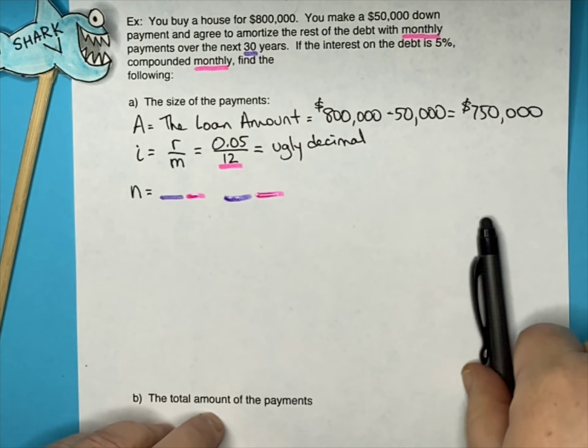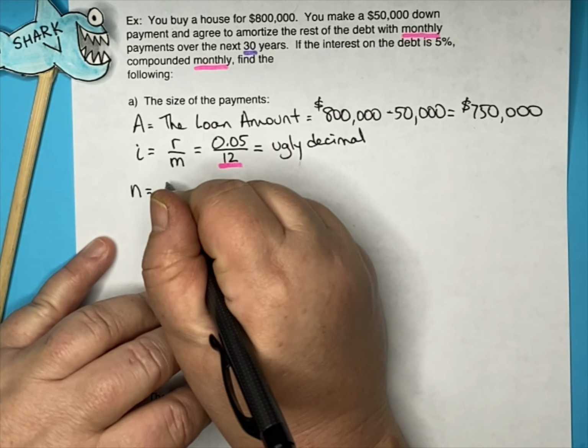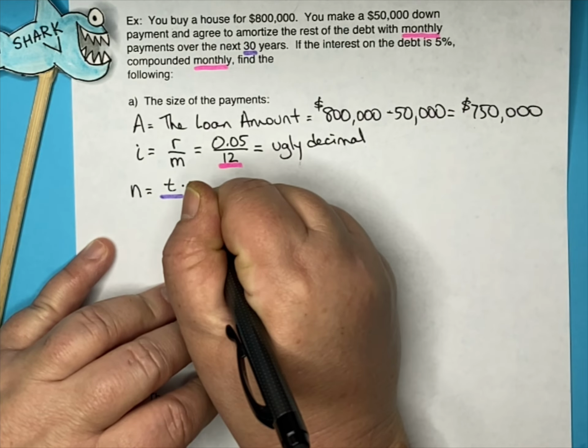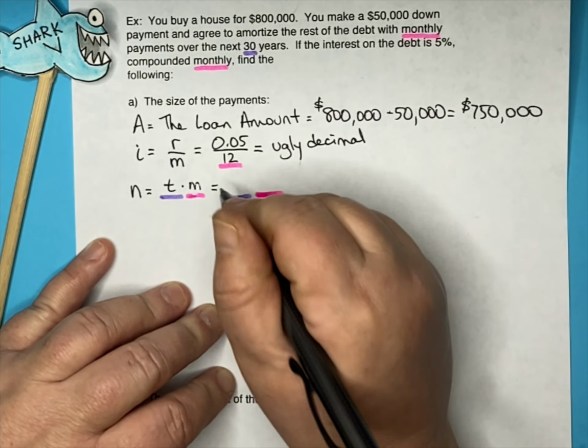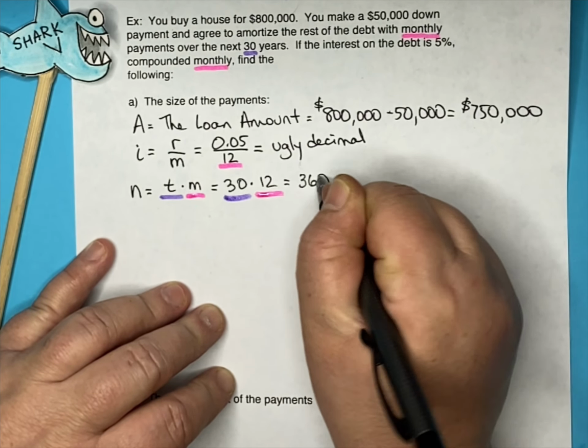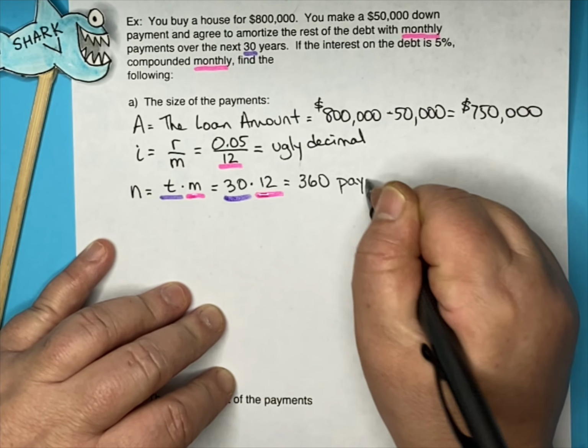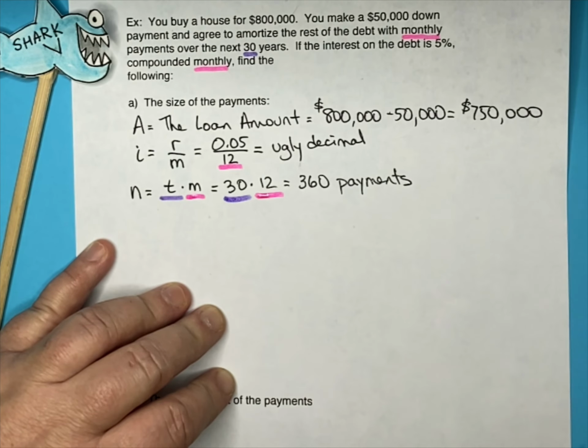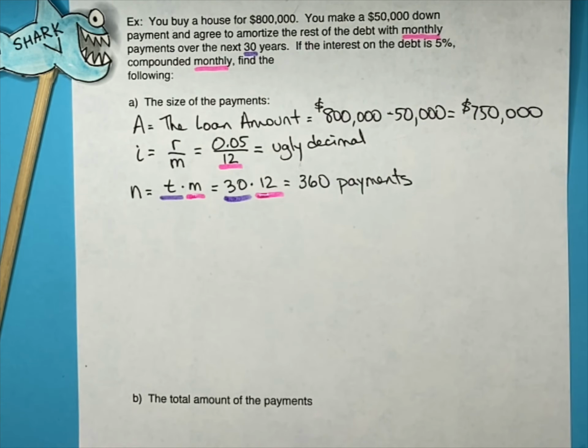In other words, we need to know the number of years times the number of times per year. This is going to be 30 times 12, which is 360. Having 360 payments for a mortgage is really common. The other common one is a 15-year loan, which would be half of that, or 180 payments.